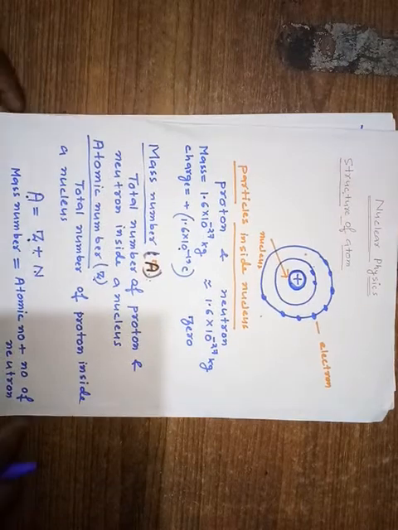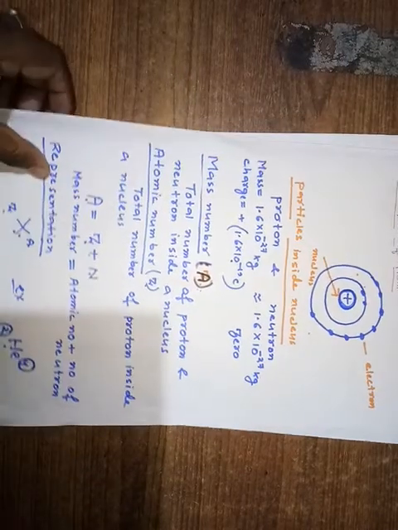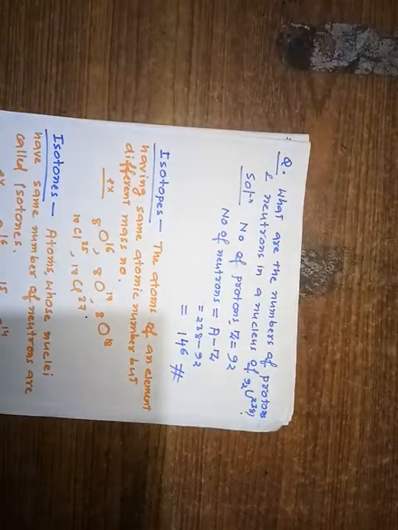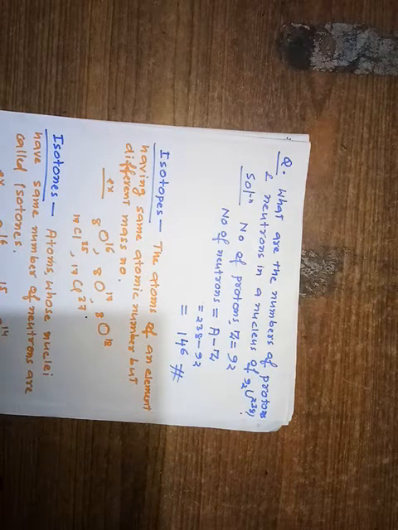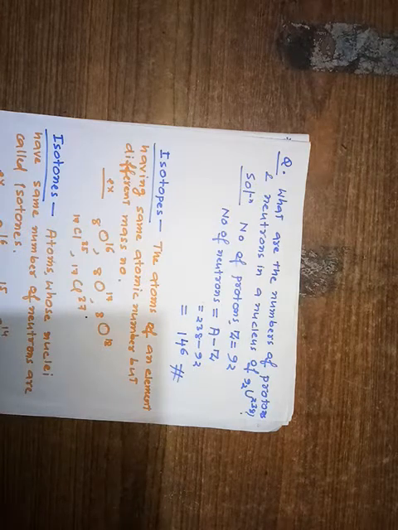Now, if the concept of mass number and atomic number is clear, then let us try to solve this numerical. What are the number of protons and neutrons in a nucleus of uranium-92 238?